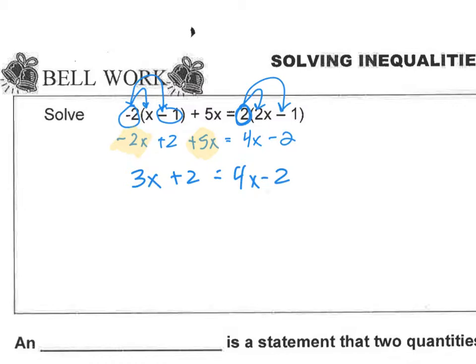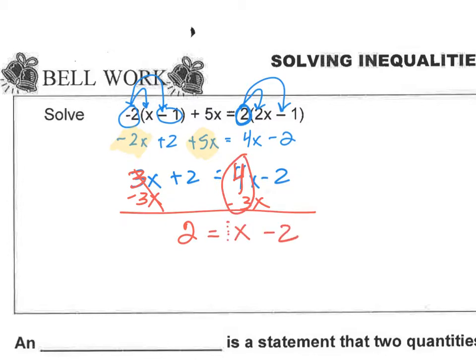It really doesn't matter which variable you're going to move, but I notice that I'm going to move it towards the 4, because I can see that in order to move it, I have to do the opposite, which would be subtract 3x. And when I do that, I know that 4 is bigger, so 4 minus 3 gives me 1x minus 2. Now, I don't have to write that 1 there, but you can.